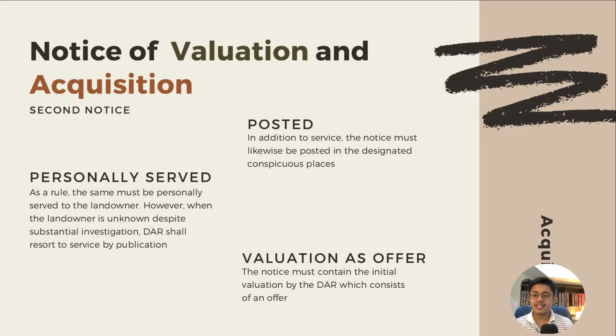And then this land, which is covered by the law, subject of a notice of coverage, and costs this much, will be acquired by the state, will be acquired for purposes of agrarian reform.